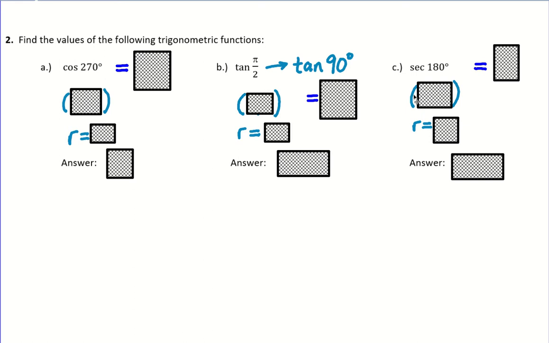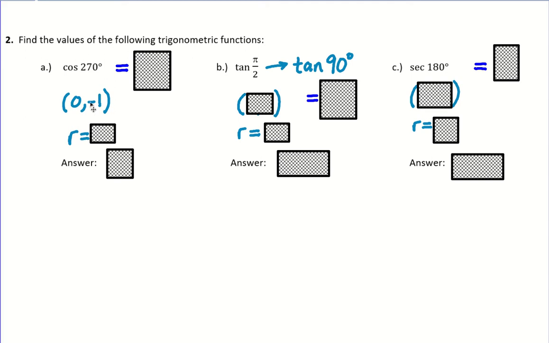They're really nice because for angles that are on an axis, you can get those XY coordinates really easily, and those coordinates would be on the unit circle. So what are the unit circle coordinates at 270? Hopefully you can pretty quickly get 0, -1.